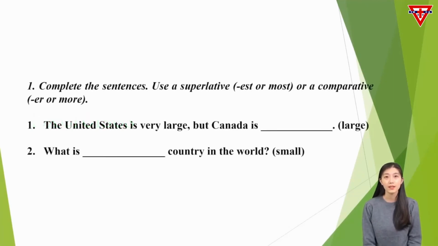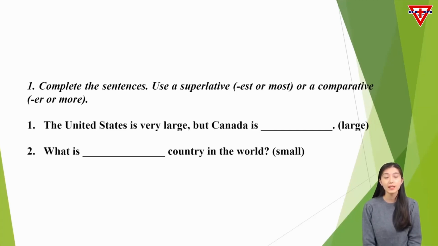In the first exercise, you'll be asked to complete the sentences by using a superlative or a comparative form. Let's take a look at the first question. The United States is very large, but Canada is blank, and you're asked to use the adjective large.